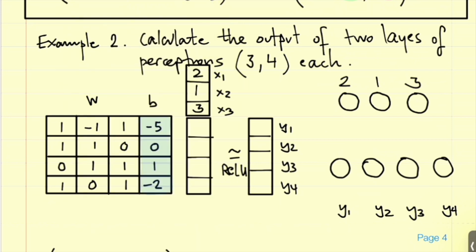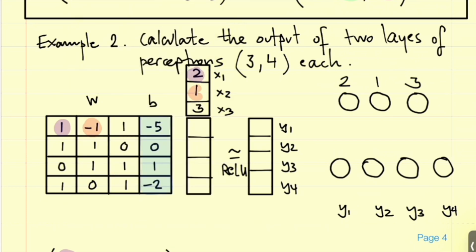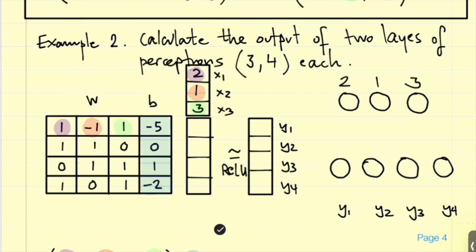I multiply 2 times 1, minus 1 times 1, and 1 times 3, and to whatever I get, I subtract 5. Can you follow? This adds up to 2 minus 1, 1 plus 3 is 4 minus 5 is minus 1. That's right, minus 1.